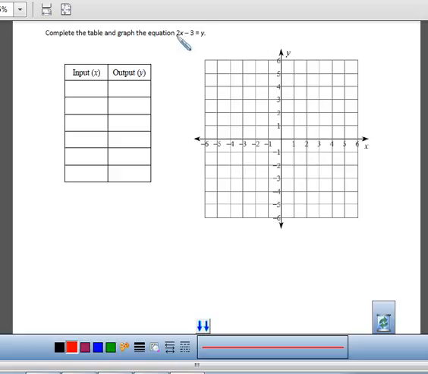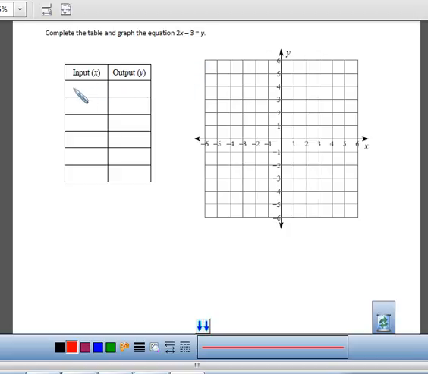The equation is 2x minus 3 equals y. The reason why x is our input is because we're going to put a number into the value x, and then our output is what we get for y because of it.